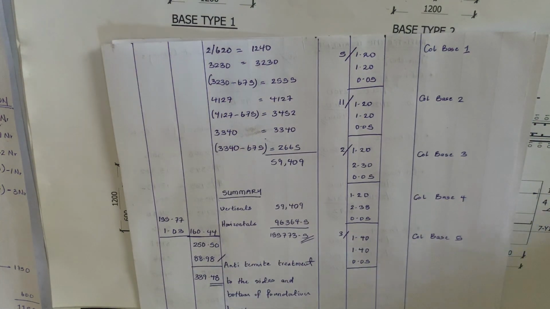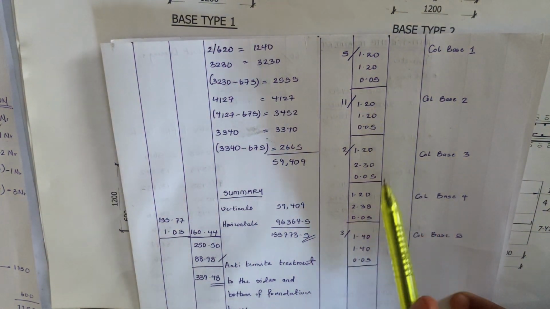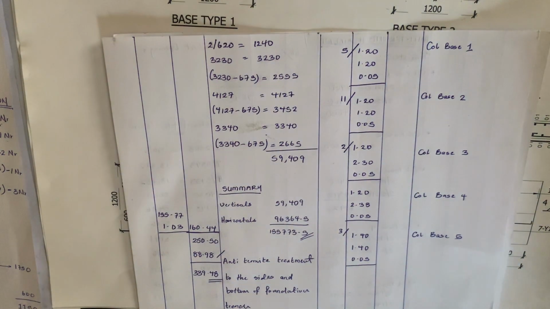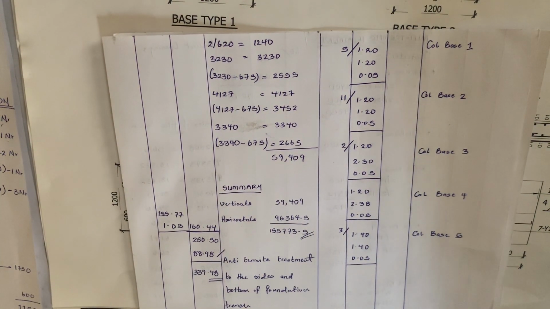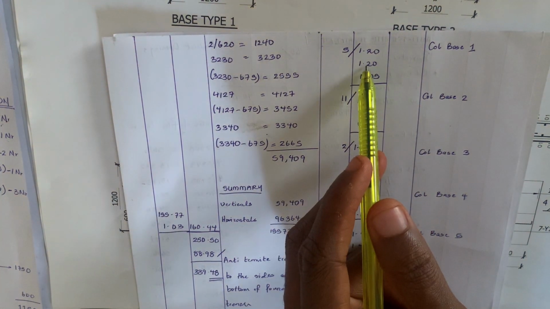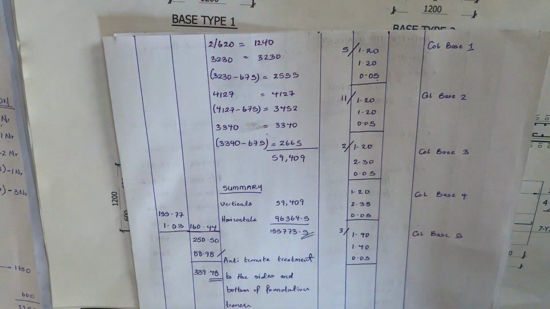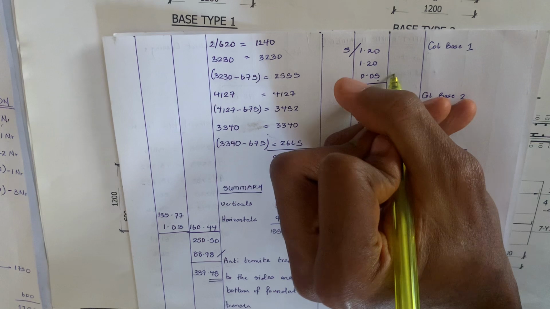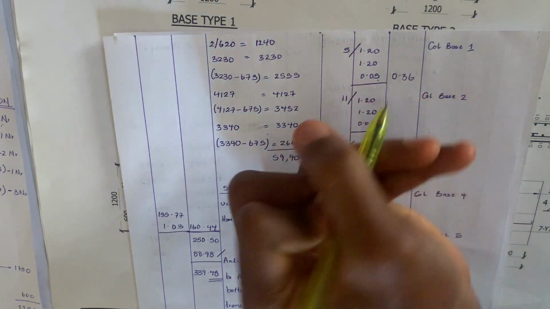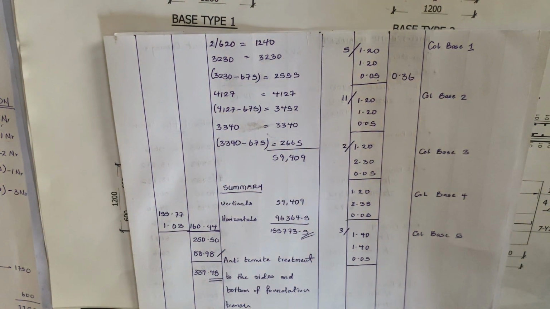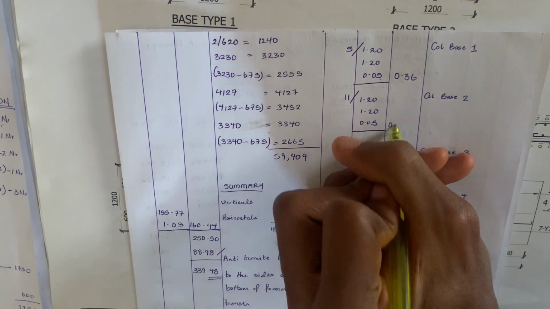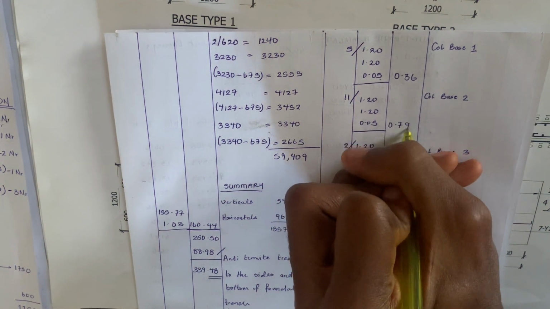So after doing all this, we're now going to be getting the values for column base 1 to 5. When we do 1.20 times 1.20 times 0.05 times 5, this will be 0.36. We'll do the same thing for column base 2. 1.20 by 1.20 by 0.05 times 11. This is 0.792, which is 0.79.